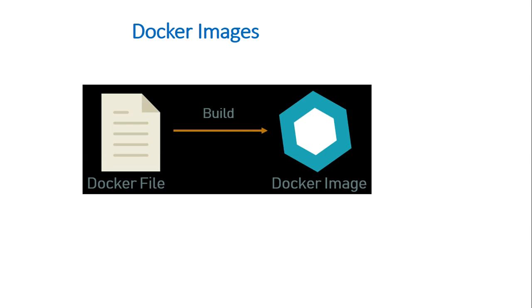And when we want to create an image, we have to use a command called docker build. This command reads the instructions provided in the Dockerfile and creates a package, and the output of that docker build would be an image. So this is how we create an image from the Dockerfile of our project, or of our application.